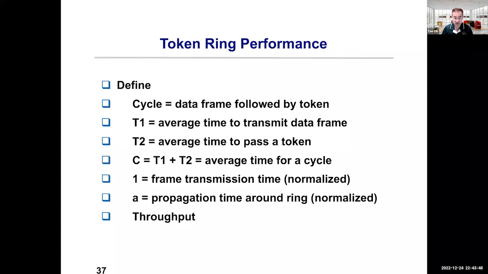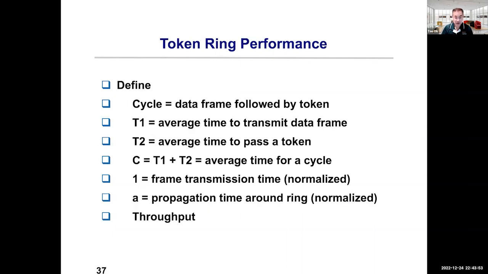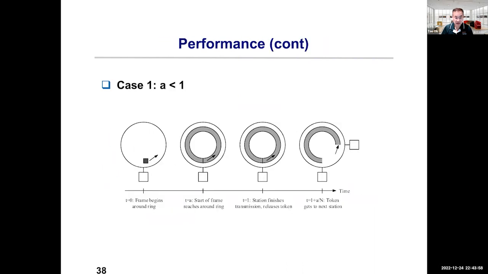Throughput is how much gets sent out. When propagation time is less than 1, the station starts a frame that goes around the ring. At T equals a, the start of the frame returns, and at T equals 1 the station finishes transmission and releases the token. Then the next station gets it and performs the same action.